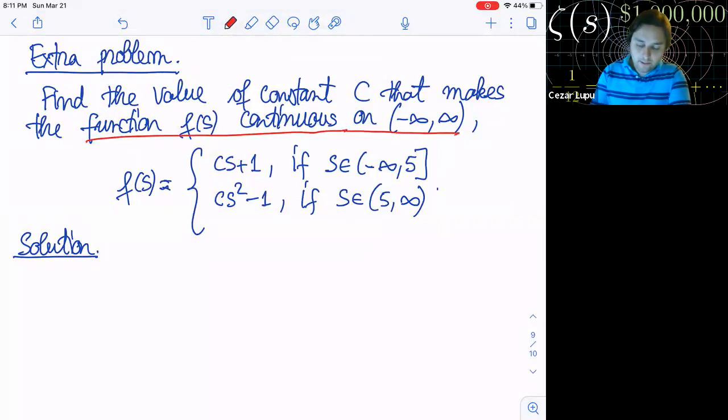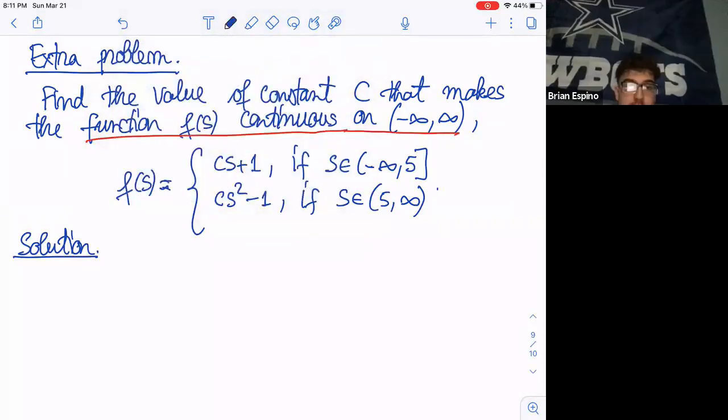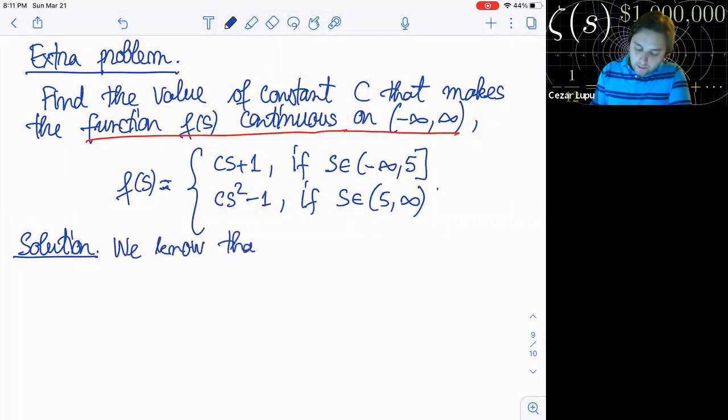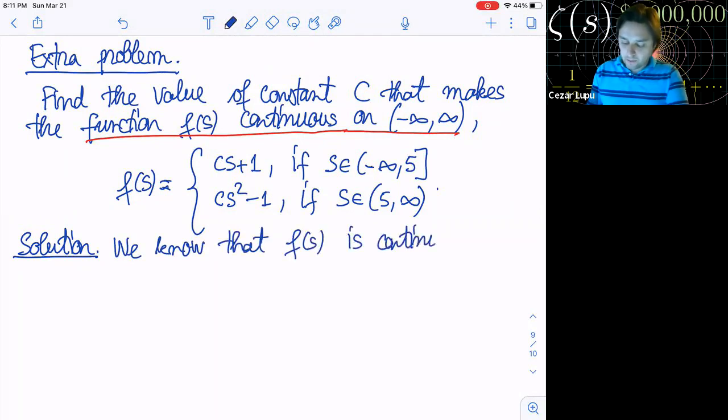In particular, we know that the function f of s is continuous at the point s equals 5. Look at it. This is the point that we are dealing with. So we need to take care of this guy.